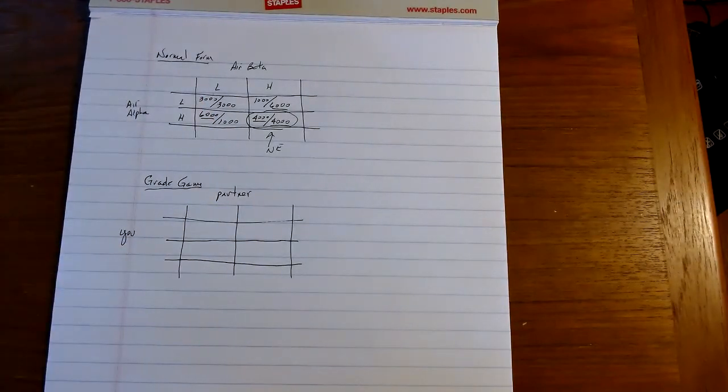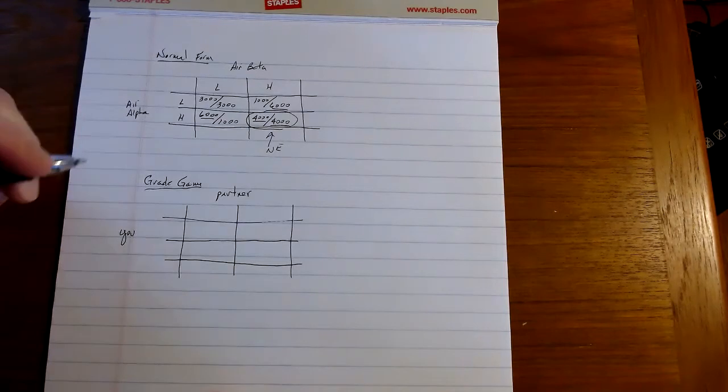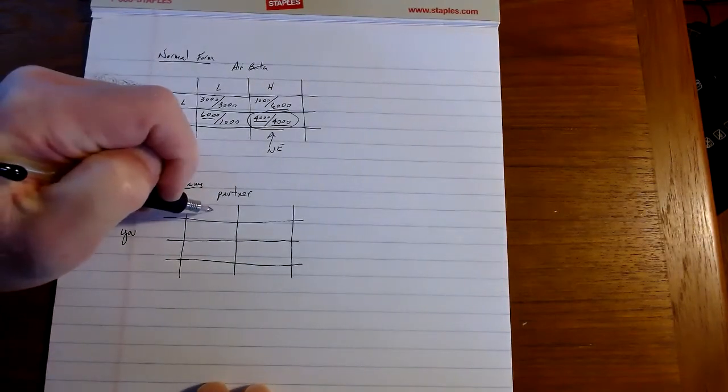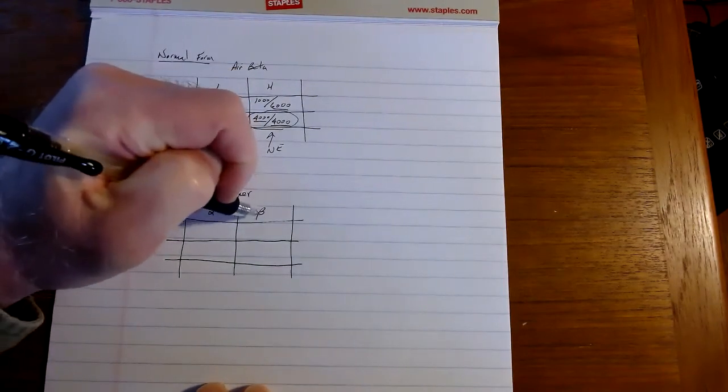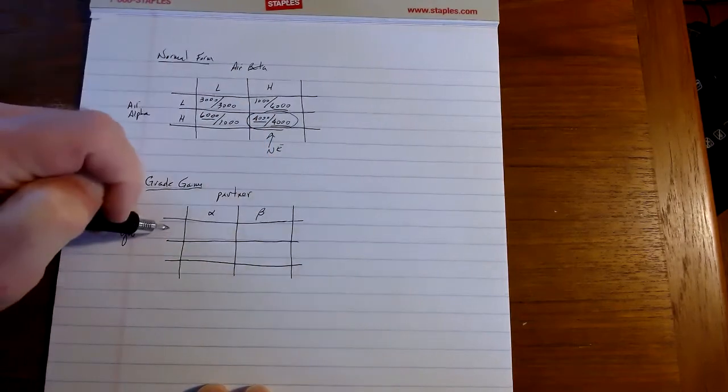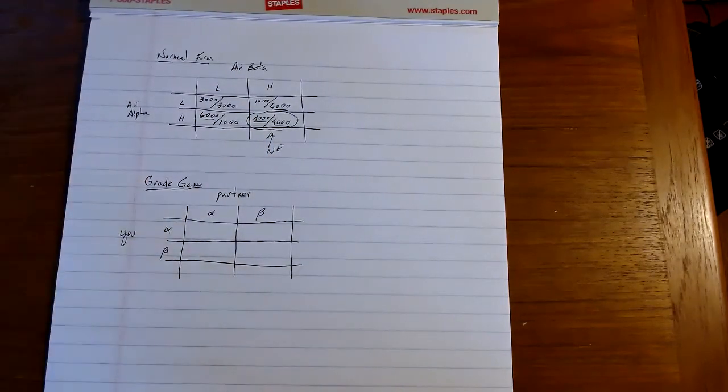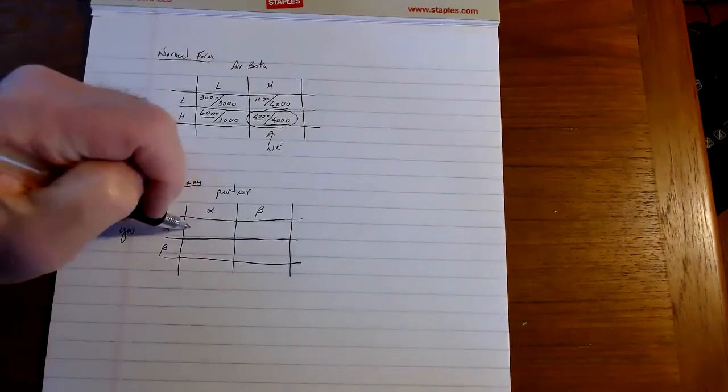And there are different strategies you could use in working with your partner, okay? And so each of you could choose different strategies. Let's just call the strategies alpha and beta. Not exactly sure what they are. Doesn't really matter. Those are the two strategies available to you. And let's suppose the payoffs look like this.